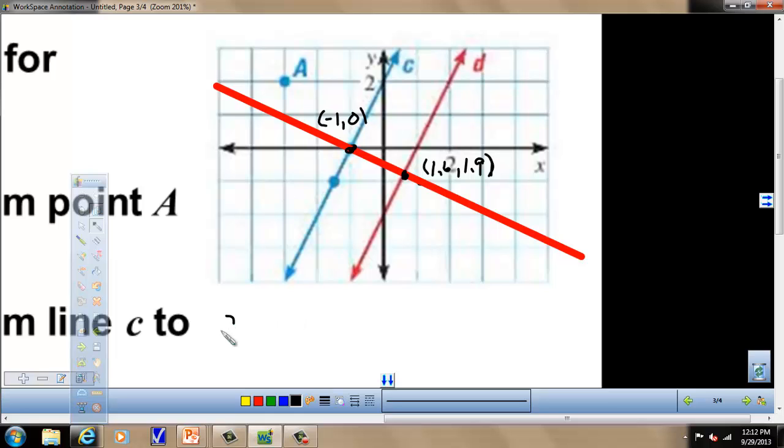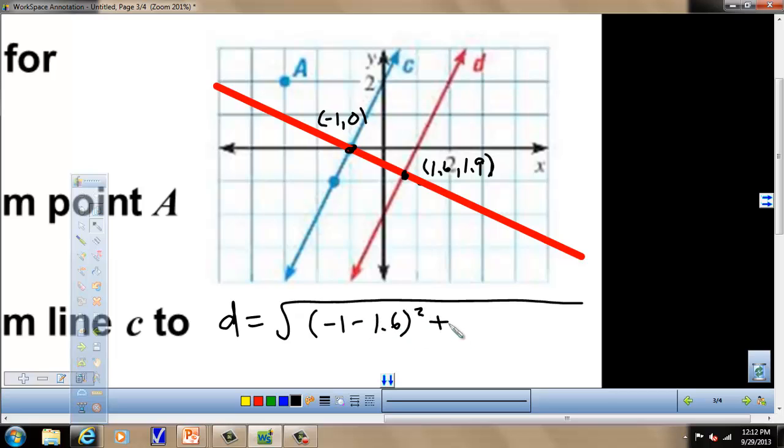We're going to use the distance formula again. And we have -1 minus 1.6 squared plus 0 minus 1.9 squared. Oops, and that's 0.9, sorry.